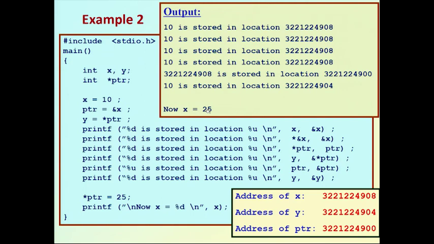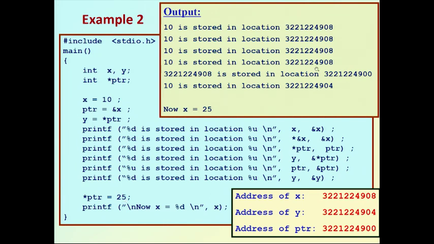Here I have not used x, but PTR is a pointer pointing to x, because PTR is the address of x. Using star PTR I have assigned 25, so my x value has become 25.